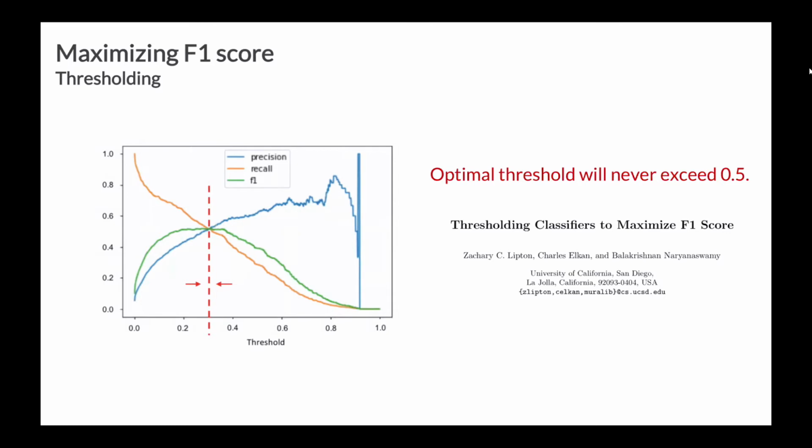And note here that because the F1 score can never exceed 1, the maximum is 1, the optimal threshold will never exceed 0.5. So if you have the optimal threshold above 0.5, you can be sure that you have a mistake in the code or in the data you are evaluating on. Because this never happens, and you have a mathematical demonstration in this paper called thresholding classifiers to maximize F1 score.